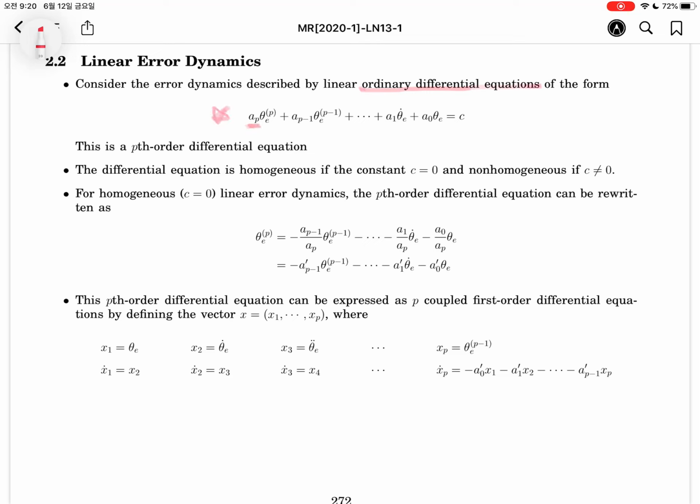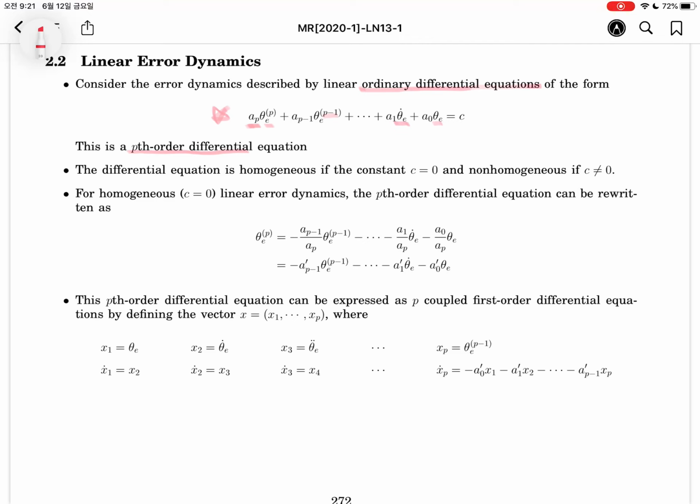This is the formal form. The a_p theta_E^(p) parenthesis implies p-th order differentiation. The (p-1) in parentheses implies the (p-1)-th order derivative. The first order derivative is just the variable. So in total, a p-th order differential equation is given.